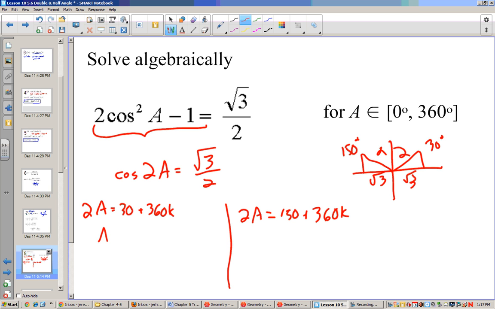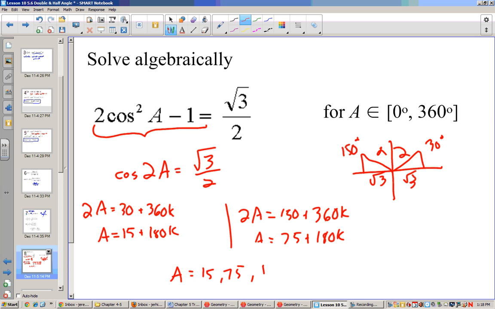Now if I divide by 2 on both sides, a will be 15 plus 180k, and it would be 75 plus 180k. Now we just look for the values between 0 and 360, and a would be 15, 75.